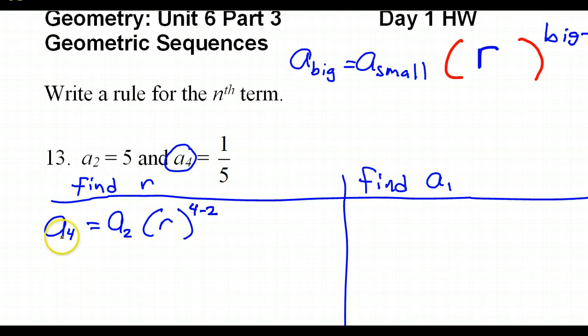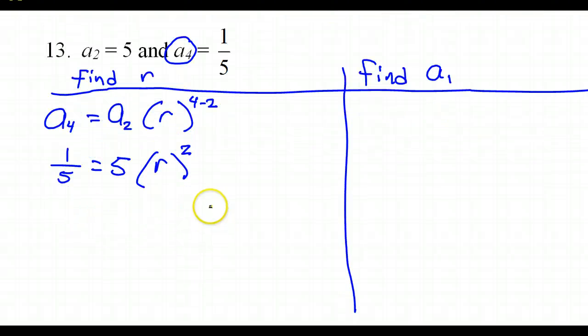A4 is 1/5, so this is 1/5. A2 is 5, so this is 5, times r to the 4 minus 2 power, well, that's just squared. So r is the only variable. We should be able to solve this pretty easily for r, and then we'll be halfway there.